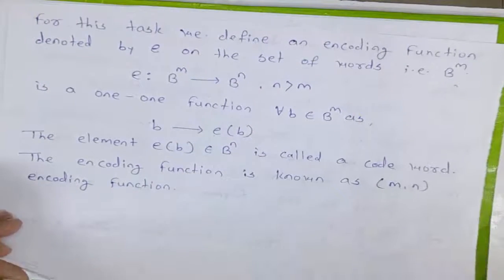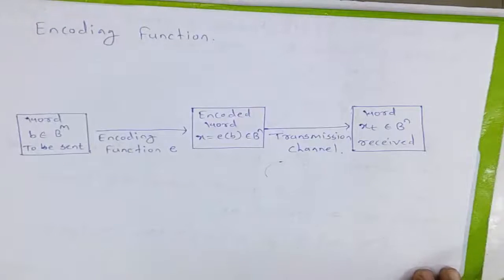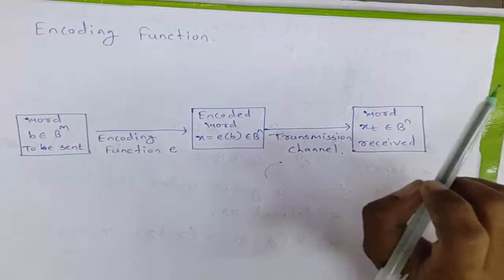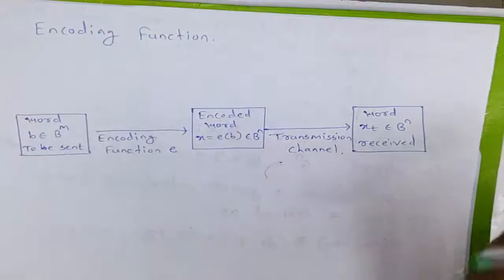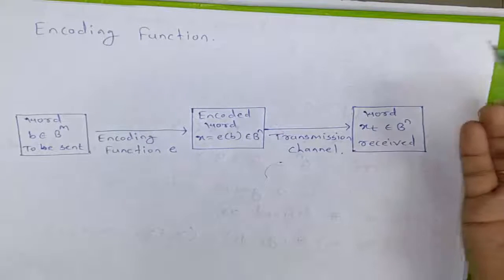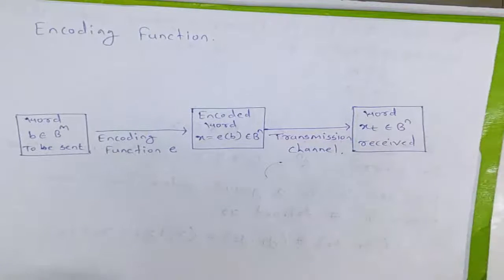Now the encoding function must be 1-1, so that different words in B raised to m will be assigned to different code words.